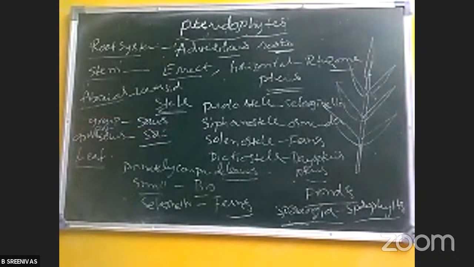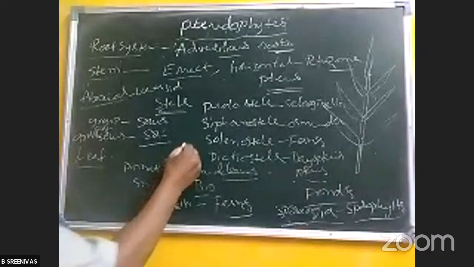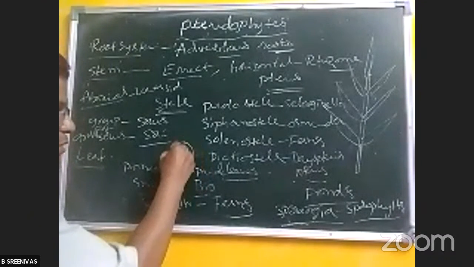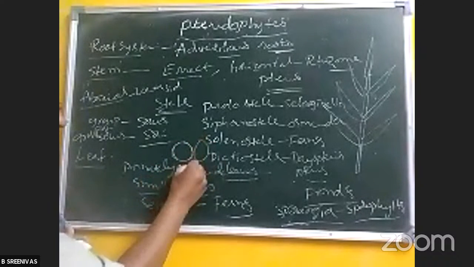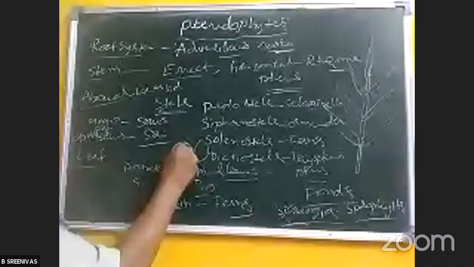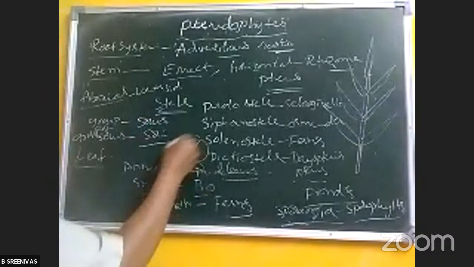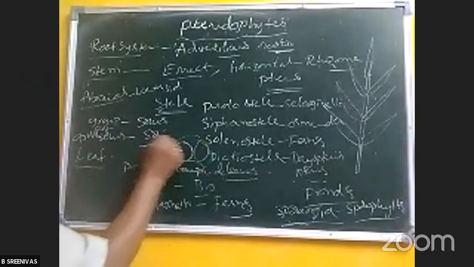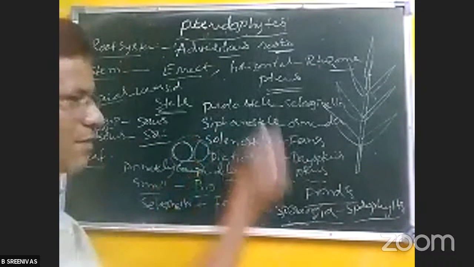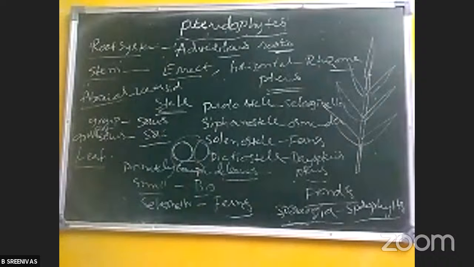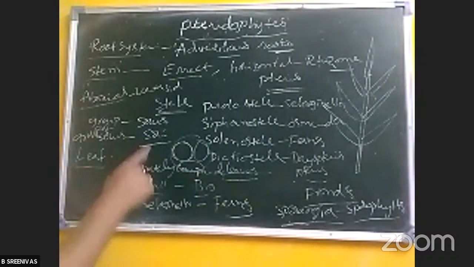Did you understand? One sporangium is single. Now many sporangia together are called a sorus. Many sorus together are called sori. So the sori are present on the lower surface of the leaf. Just note it down. We'll explain that.